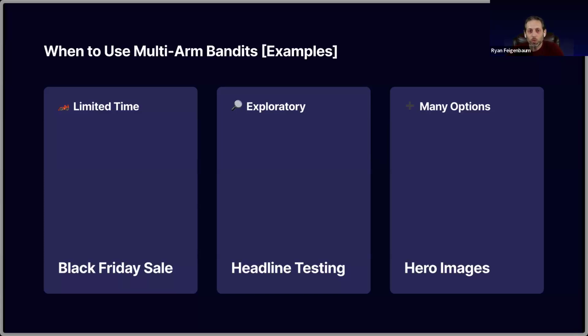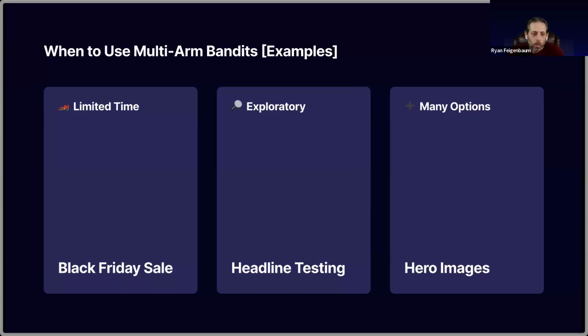So that's where you find a really good use case for a multi-armed bandit, because you could set up that test during the sale and not lose out on any potential revenue or be showing bad variants. One way I've heard multi-armed bandits talked about is as a regret minimization strategy. So you don't lose out on the better variants when you're doing something like a Black Friday sale.